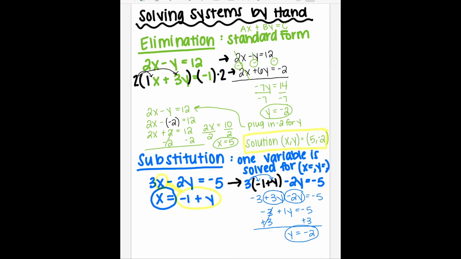Now, just like in elimination, since I have one of the variables solved for, I have a number that is equal to that variable, I can plug this in for y. So this time I'm going to pick the second equation, x equals -1 plus y, and I'm going to plug in -2 for y.